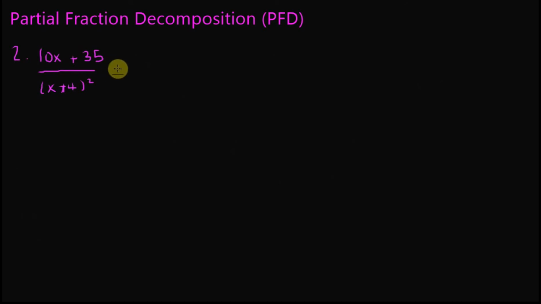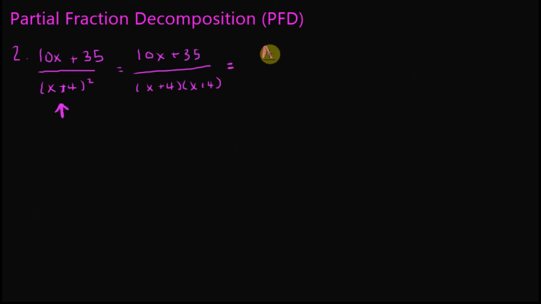The natural idea here might be to rewrite this as 10x plus 35 over x plus 4 times x plus 4. But partial fraction decomposition actually allows us to start from here and put this fraction into its proper form. So let me show you the appropriate form for decomposing this fraction.